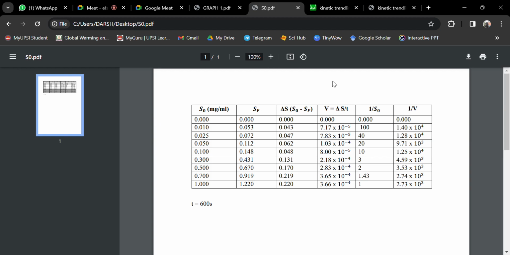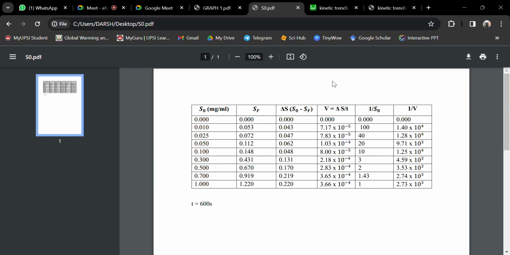Because if you want to measure Lineweaver-Burk plot, we only know berapa amount of starch that been converted to maltose. We don't know the exact amount of maltose kan, because we don't measure the maltose. But we know berapa banyak starch yang telah ditukarkan menjadi maltose. So that is the delta S.